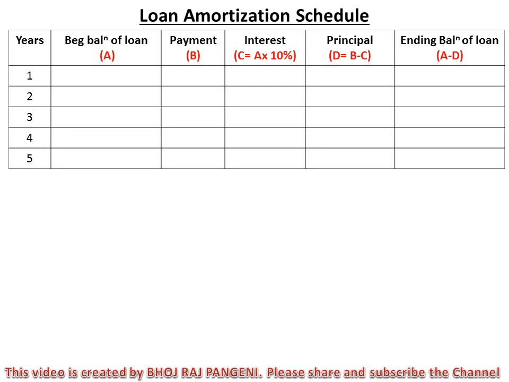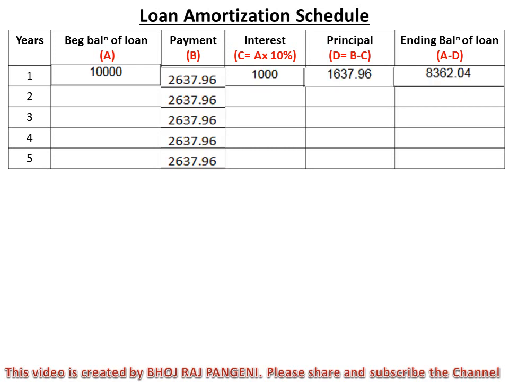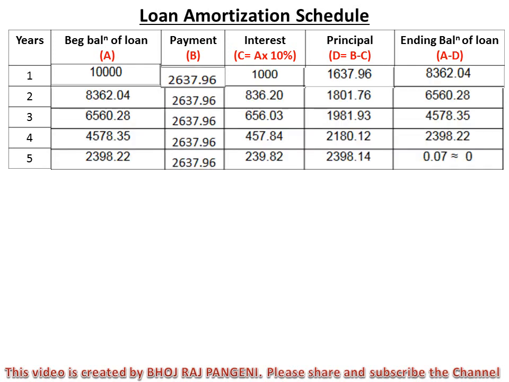So repeat this process, that is how you calculate for year 1. Repeat this process to find out the whole table. This process repeats again and again, and at the end the ending balance of loan is equivalent to 0.